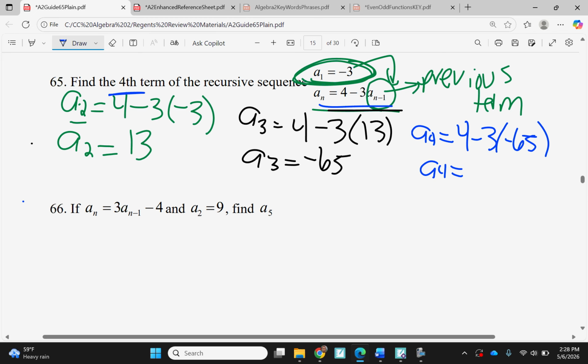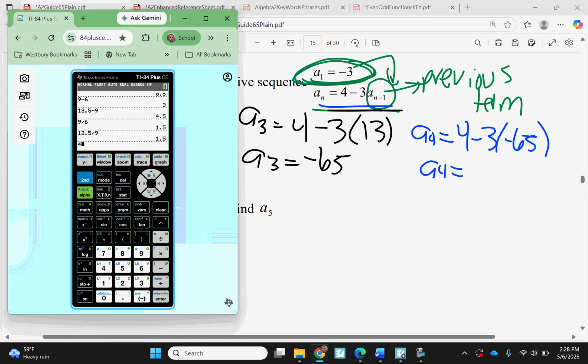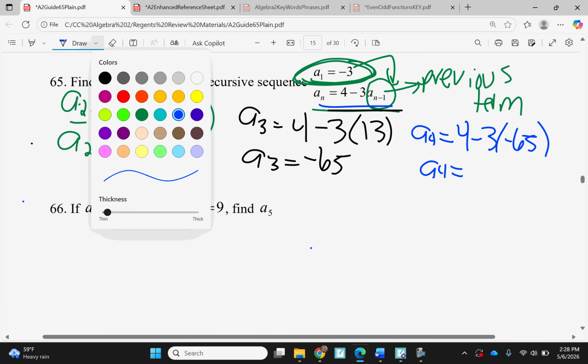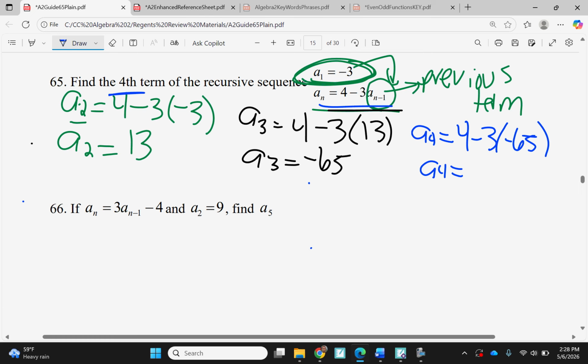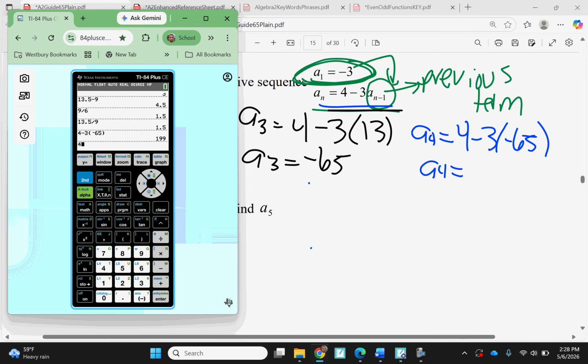I'm going to use a calculator for that one. 4 minus 3 times negative 65 is 199. I made a mistake. I was doing too much in my head. I believe that for a3, 4 minus 3 times 13 is negative 35.